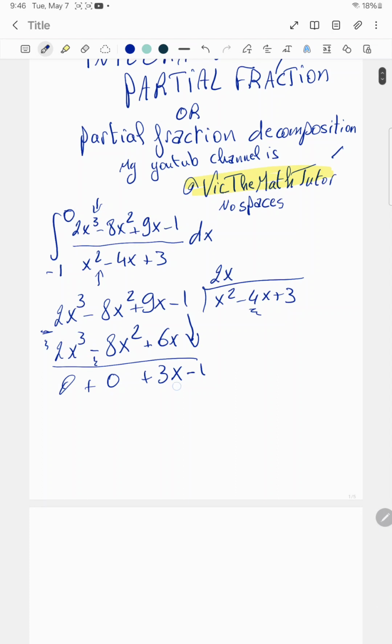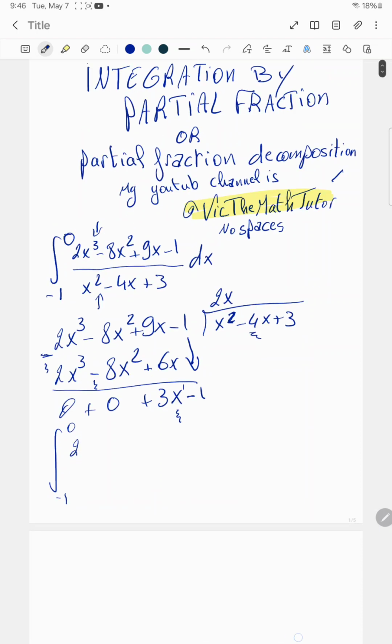Now, since the degree of my remainder is 1, and the degree of the divisor is 2, I cannot continue, I have to stop here. So my integral becomes the integral between minus 1 and 0 of 2x plus 3x minus 1 divided by x squared minus 4x plus 3, all that times dx.